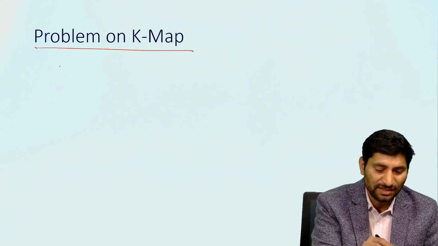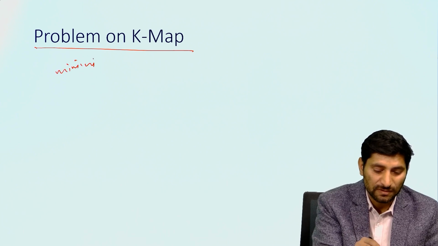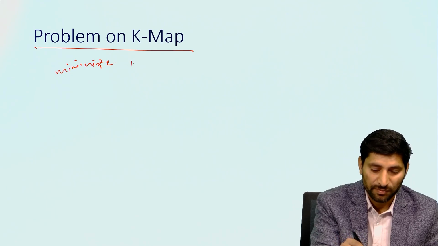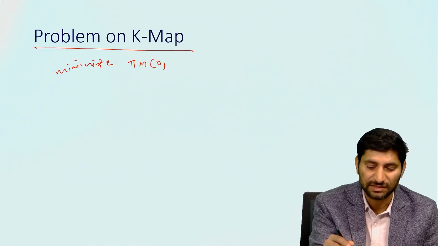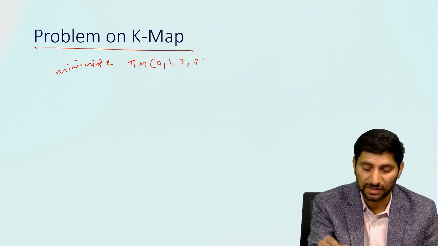Next, let us take one problem on K-map. Minimize pi of m, with the terms given like this: 0, 1, 3, 7.